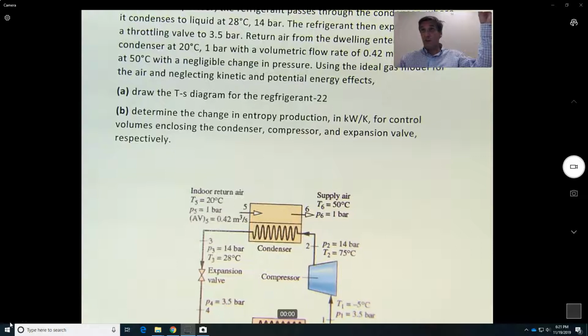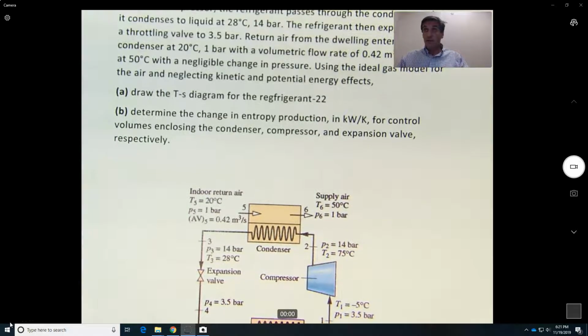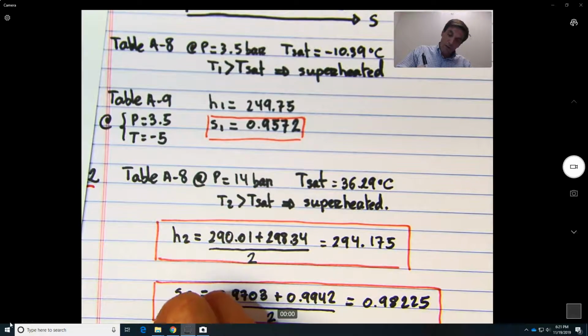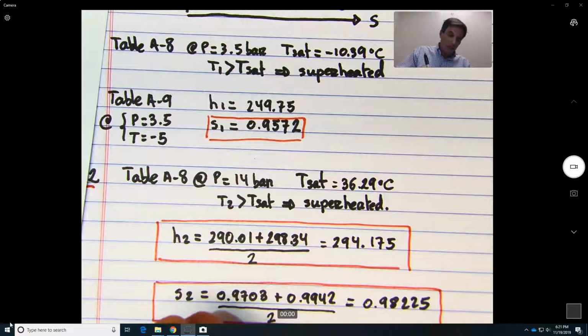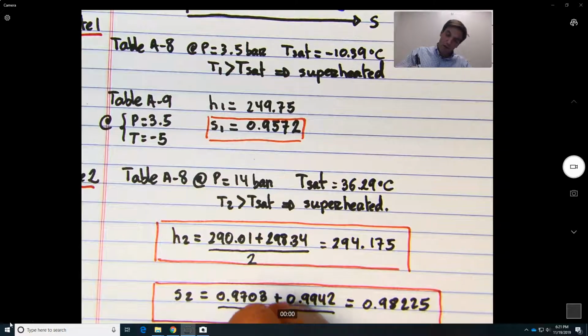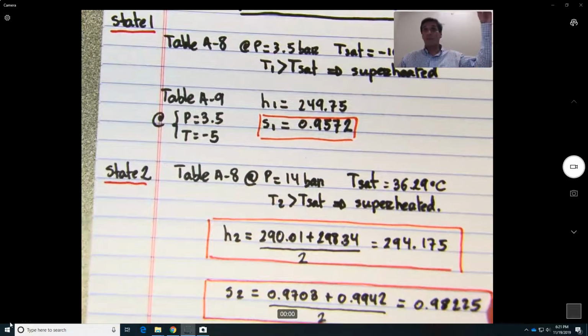Yes, we know P3 and T3. Let's say P3 equals 14 bars and T3 equals 28 degrees Celsius. So we can do the same thing. We can go to table A8, and actually we already have some of that information.